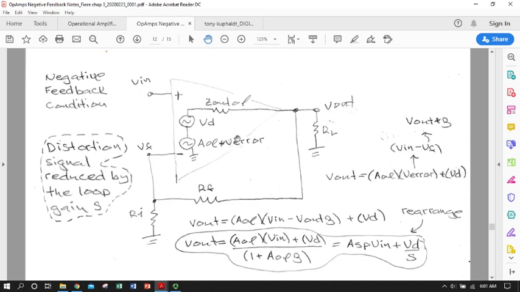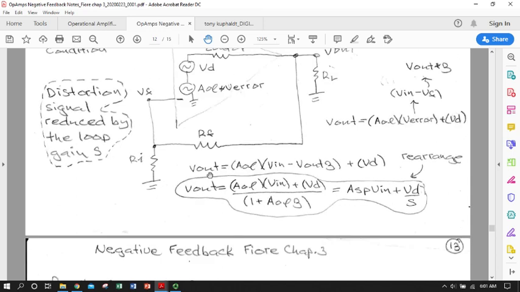Same thing we just did, except we have V error instead of V in. So we'll take this with these substitutions and simplify a little bit and write it all together. So we can say that V out is open loop gain times V in minus V out times beta plus our distortion signal. It's coming from in here. Okay. We'll rearrange that a little bit more.